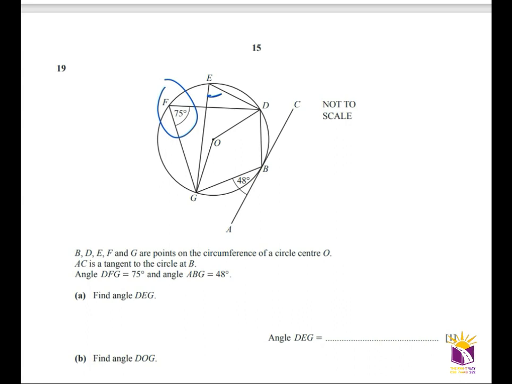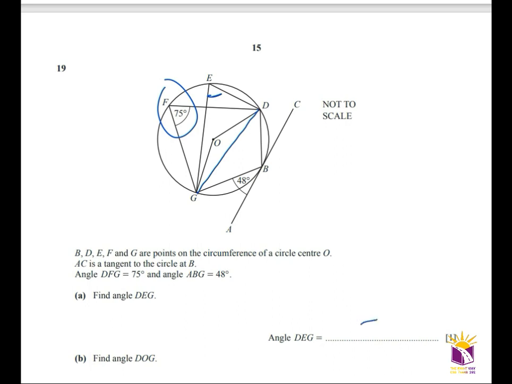As the triangles GFD and GED are having the same chord GD, by the theorem of circles, the angles formed from the same chord are equal.